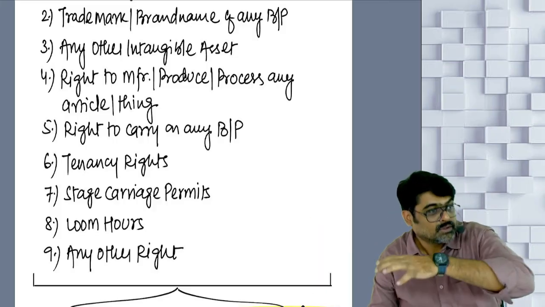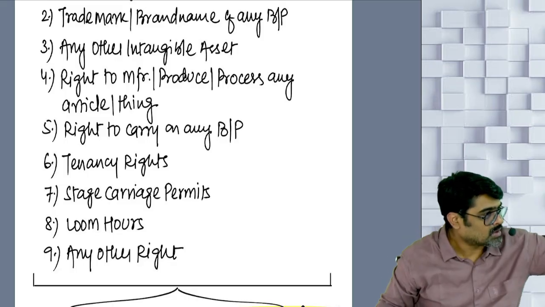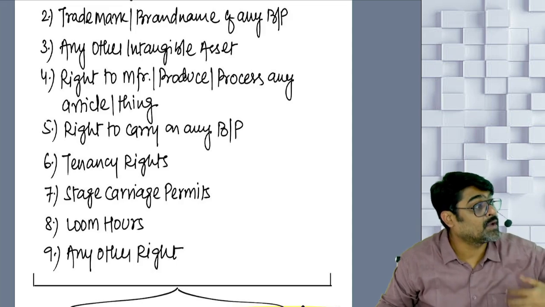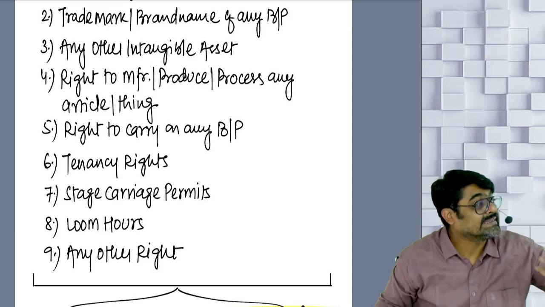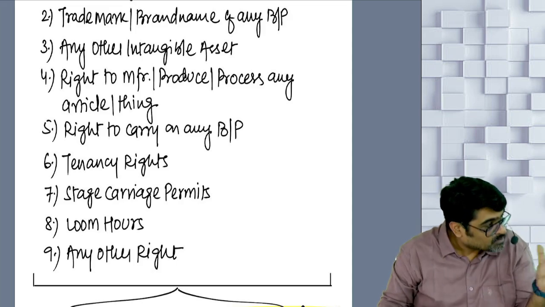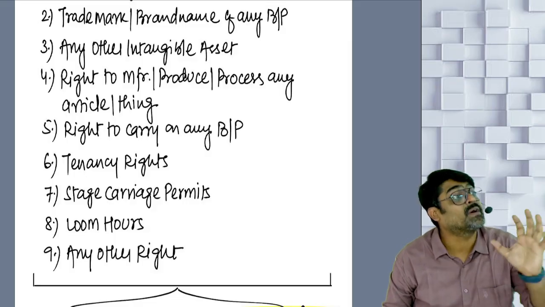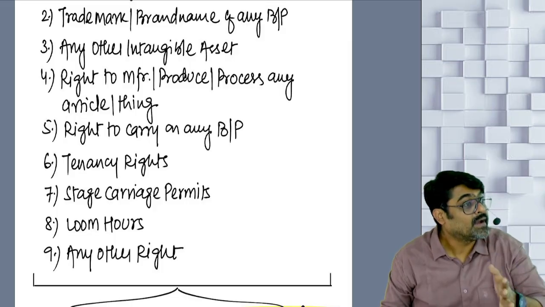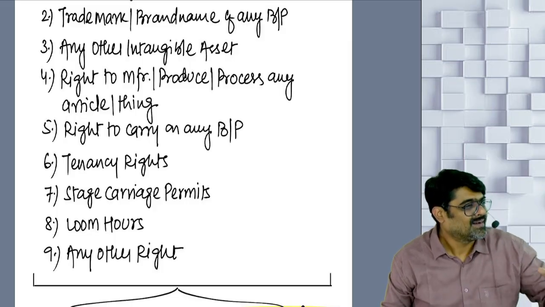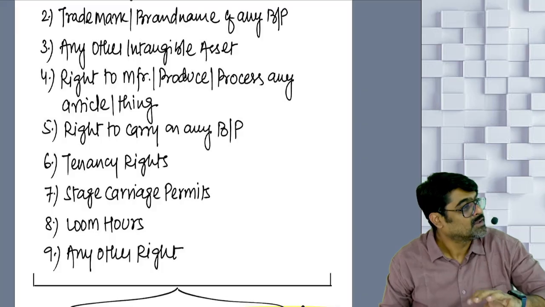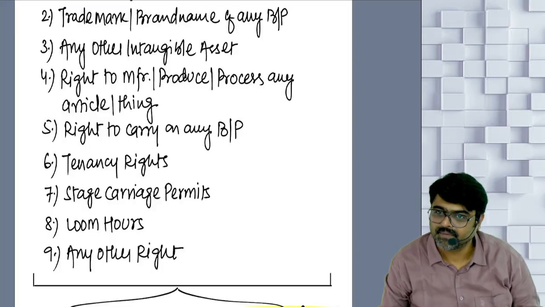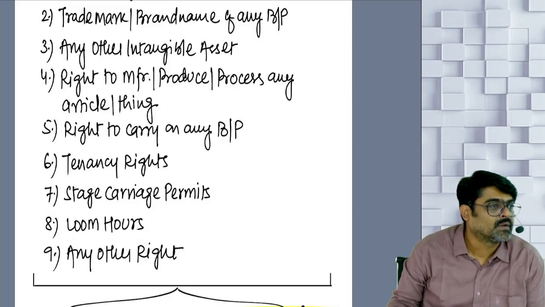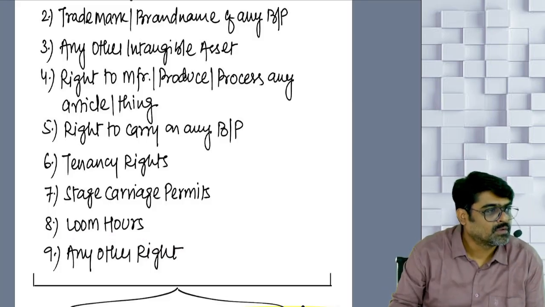So if stops are there on the route, and on this route you are permitted to run your vehicles, for that this stage carriage permit is given. This permit is a type of right to ply your vehicle on a particular route where you can run your vehicle in stages. Stages means stops. Understanding? So loomers are also there. What is loomers? Have you heard about power looms? What is power looms?